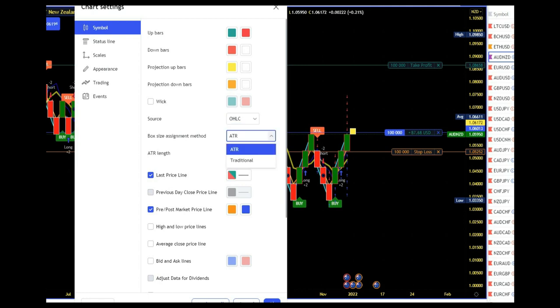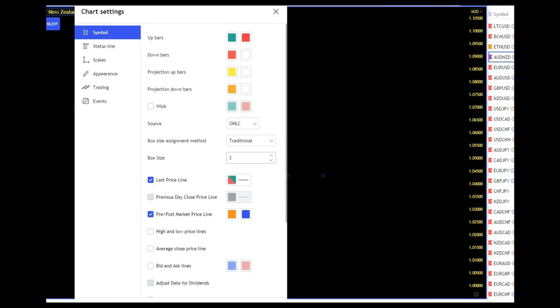If you click, for example, here on a chart, then you will see here a source. We have first of all the closing prices, right? And then we have OHLC prices. There is not too much difference between those, but important is that we have here traditional.